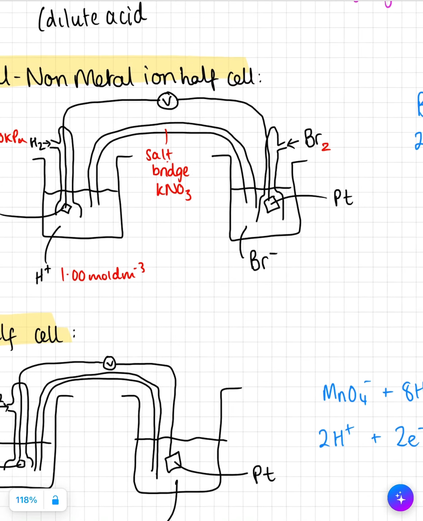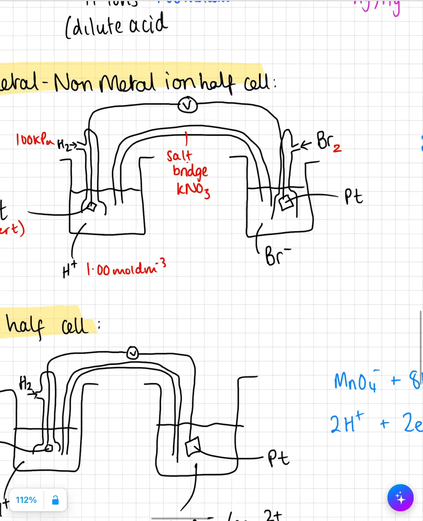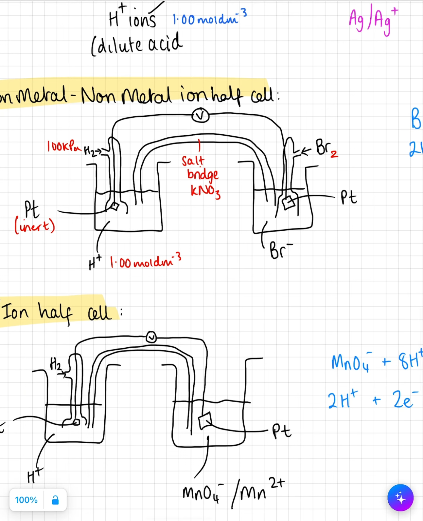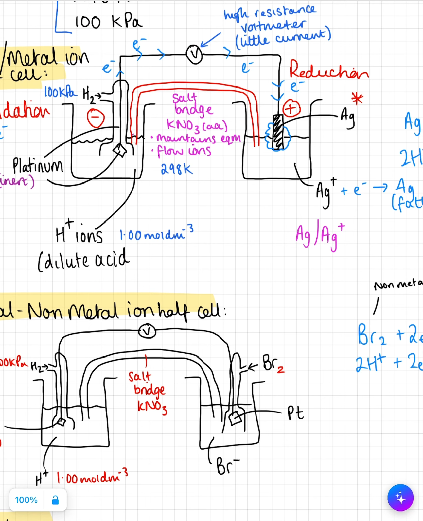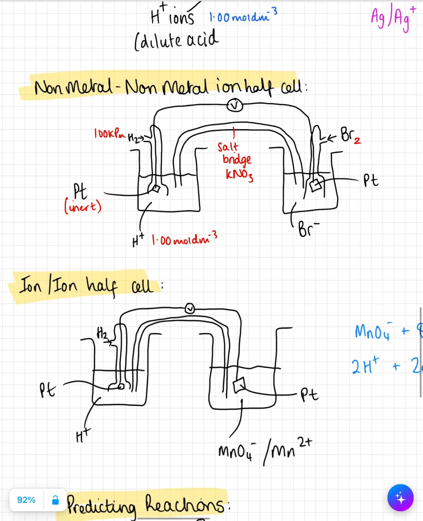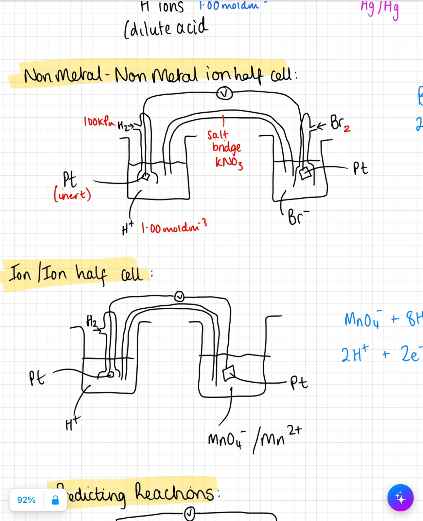So we're going to be placing bromine in. So that's why we're using this setup as we have here, as opposed to our metal, because metals are solids at room temperature. So we will be using a physically solid electrode. So the setup looks a little bit different when we're dealing with non-metals.